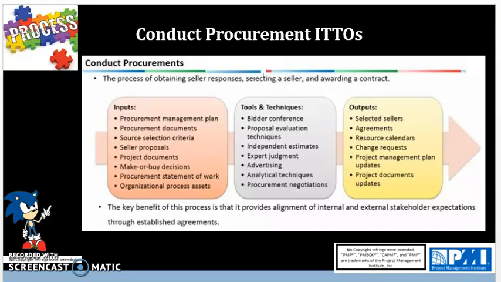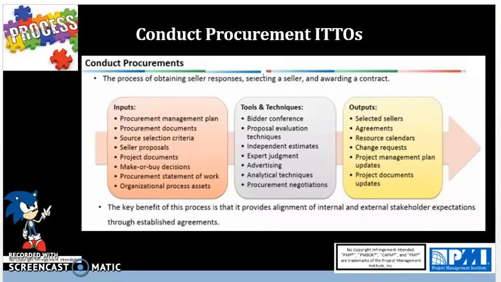Schedule baseline, you'd have to accommodate the time for the supplier or vendor to do their part of the project. Communications management plan is also updated to accommodate intercompany communications, and then updates to the procurement management plan as to how we are going to continue doing the contract.